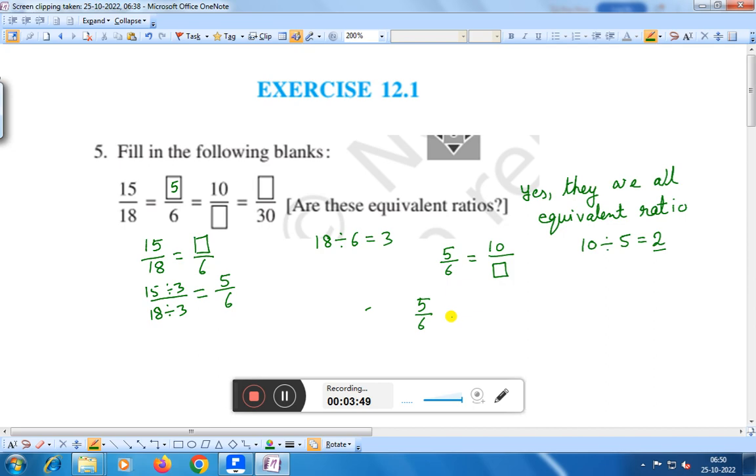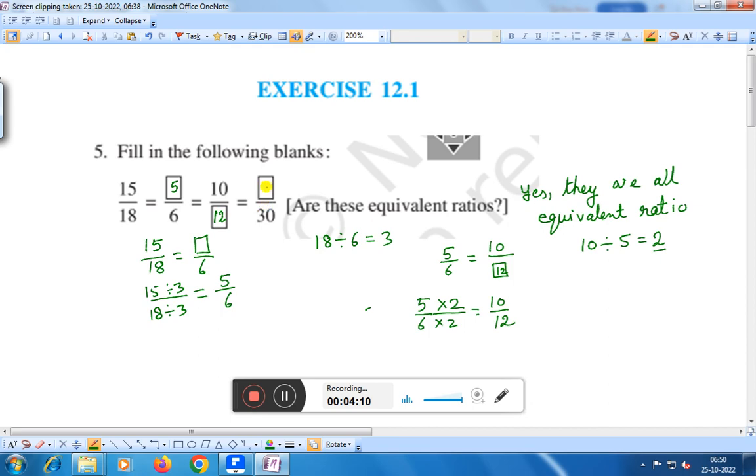If we multiply the numerator and denominator both by 2, 5 becomes 10 and 6 becomes 12. Therefore, the answer is 12, that is 10 by 12.